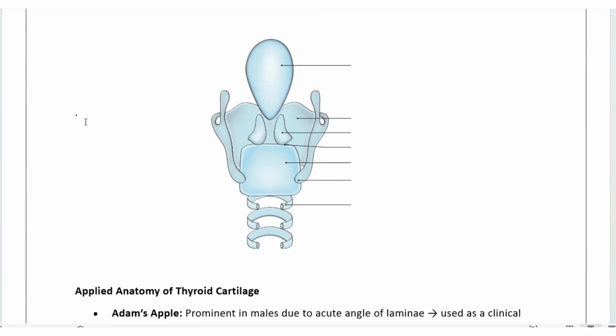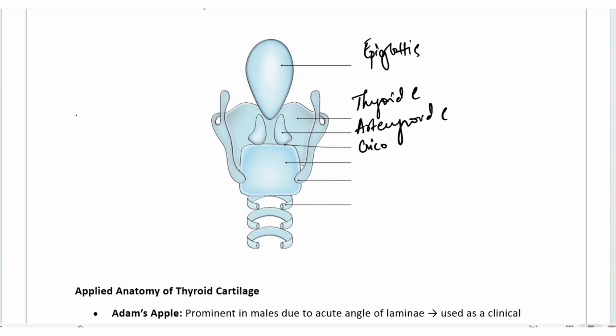Okay, again we will draw one diagram. Now this is epiglottis. This is thyroid cartilage. This is the arytenoid cartilage. This is the cricoarytenoid joint.